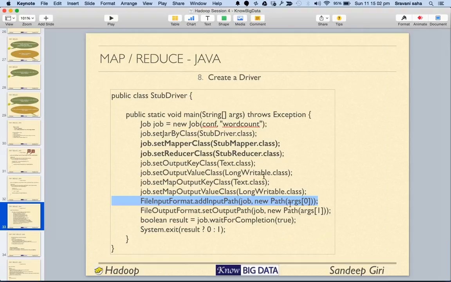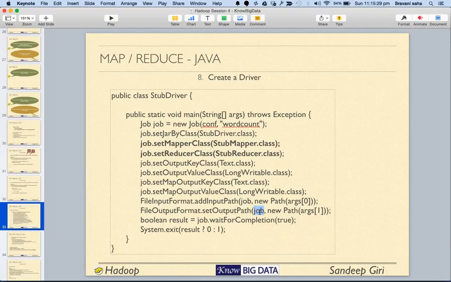So arg0 is the argument provided to our main function, which means the command line argument to our program. And then we have the output path, the place where we are going to write the data, which we need to specify in the job.